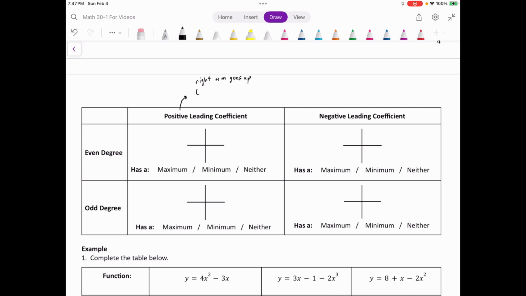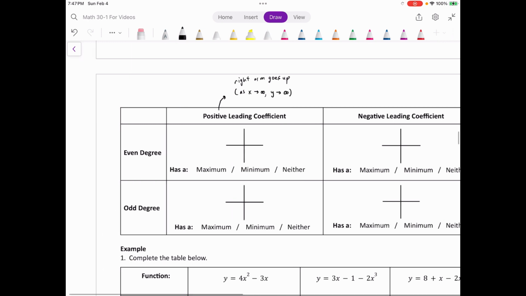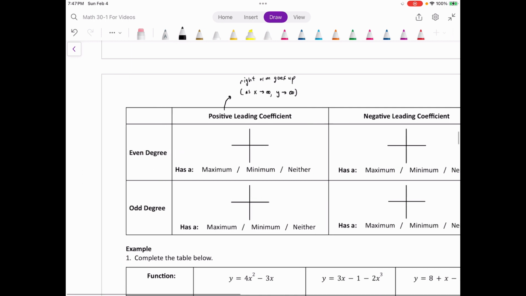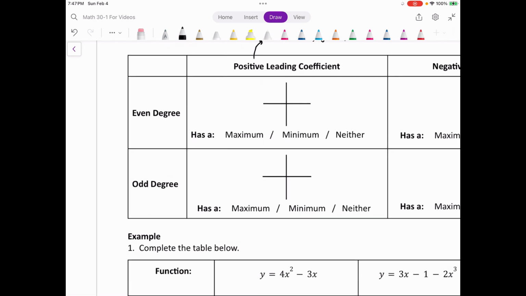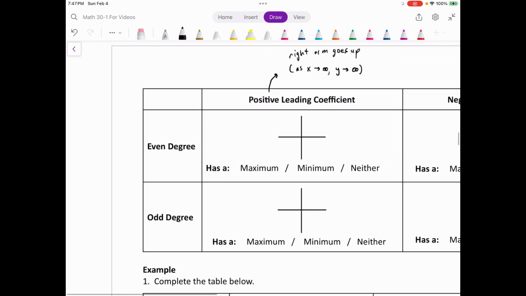What it means is that as x goes to positive infinity, y also goes to positive infinity, right? Which makes sense. If we have a positive leading coefficient, then our biggest term is just going to get more and more positive as x gets more and more positive. As we go right on the x-axis, we should just keep going up on the y-axis towards positive infinity.